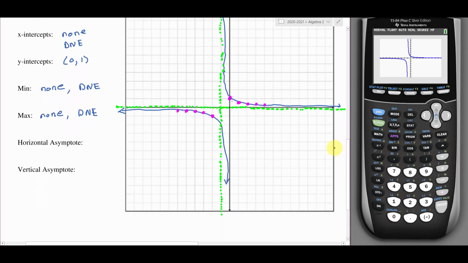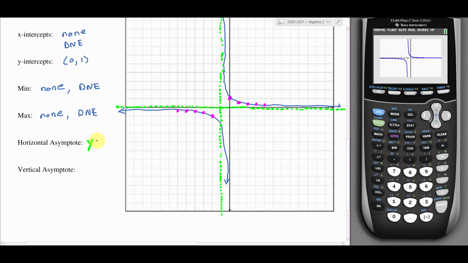All right, so now we just got to figure out, well, how do I write down the horizontal asymptote? Do I just say horizontal asymptote at 0? Nope, we actually have to write an equation for the horizontal asymptote. And since it's horizontal, the horizontal asymptote hits the y-axis, right? So wherever the horizontal dashed line that I draw hits the y-axis, that is the number that I'm going to write down.